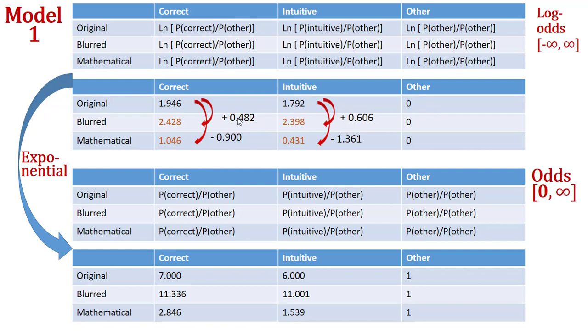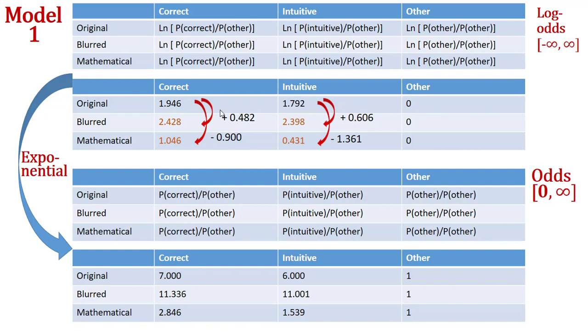Then you get these values in the output: 0.482 and 0.606 for blurred, incorrect and intuitive respectively, and in mathematical you would get -0.900 and -1.361. And what does this mean? Very difficult to explain, but I will try to do that.